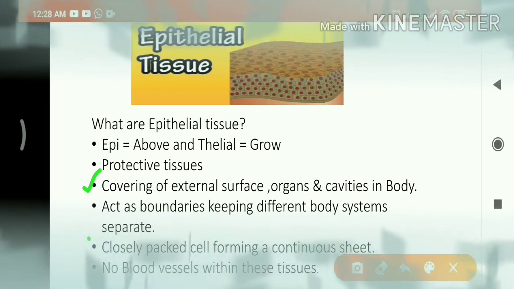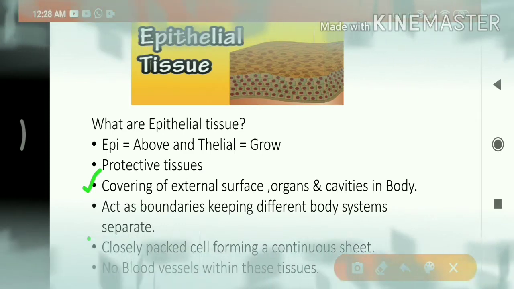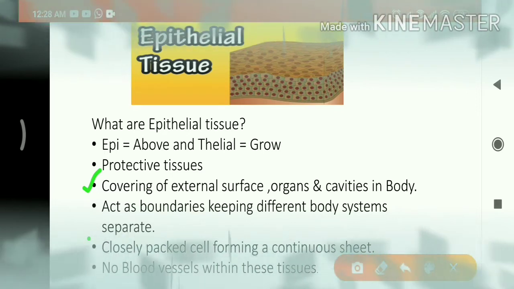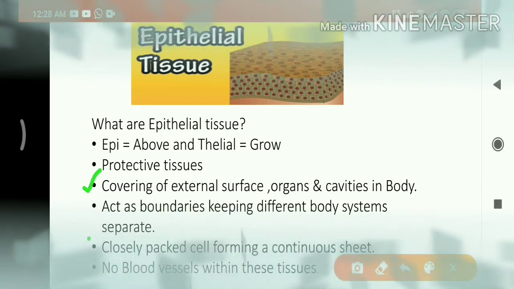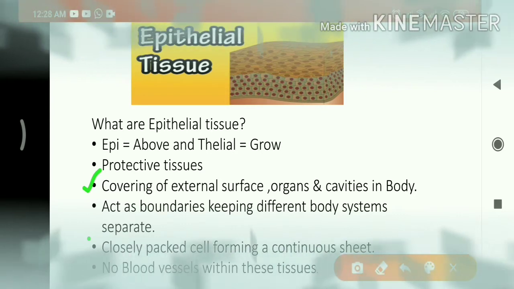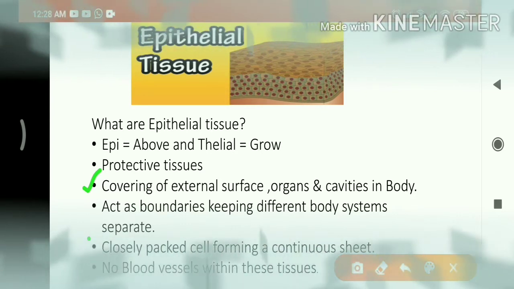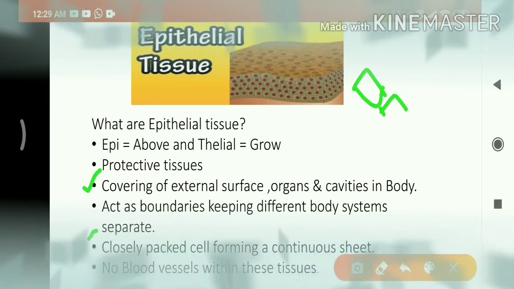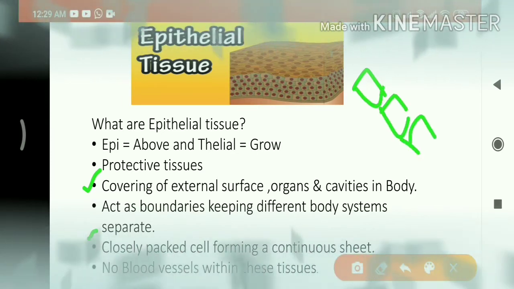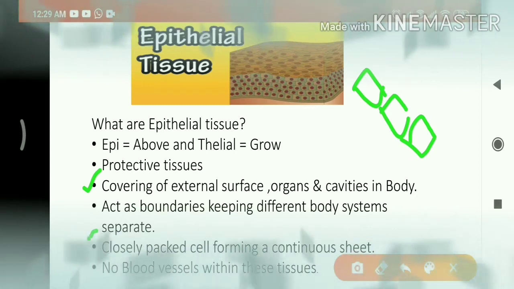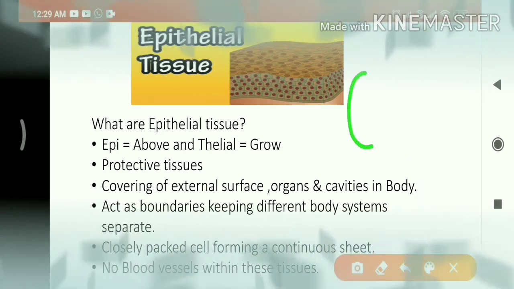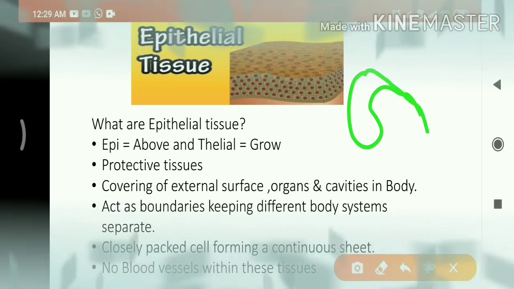Now, if they want to act as a covering, they need to be closely packed, right? If they are not closely packed, there will be leakage between two cells, and the boundary will be leaky.